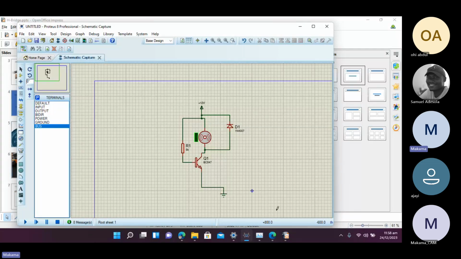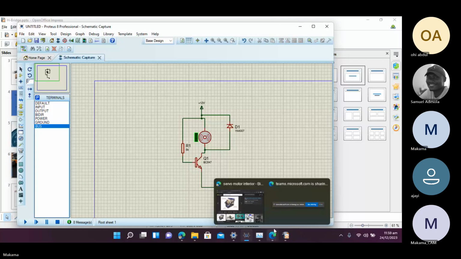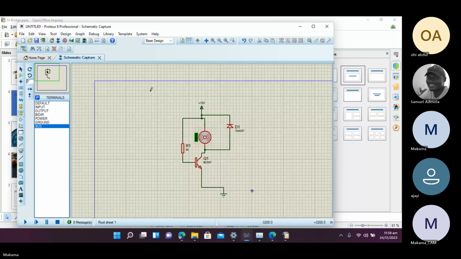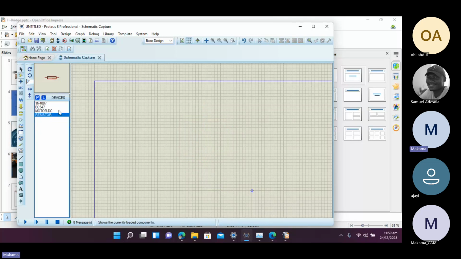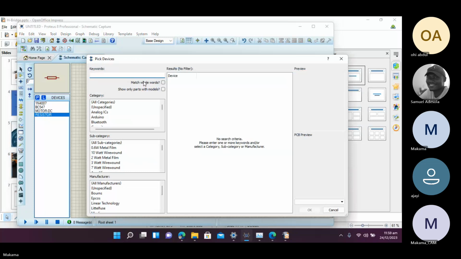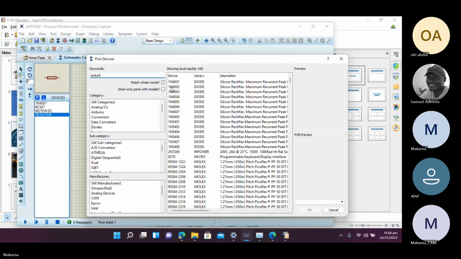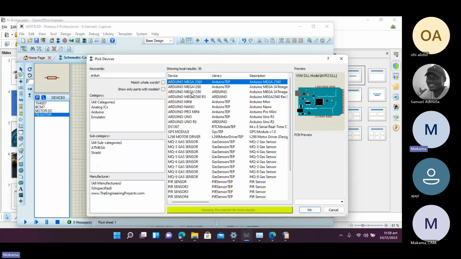Let's do it here, because I've already made the circuit, so it's like I'm just showing you the demo without showing how I do it. Let's use the Arduino Uno.